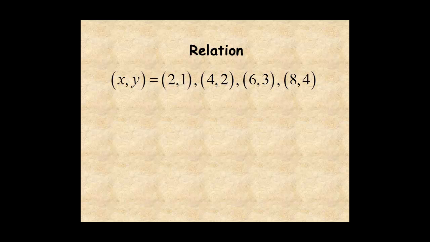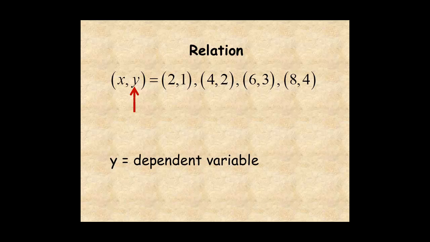They're ordered pairs because the order matters. The first element of the pair is the input x value, called the independent variable. The second element of the pair is the output y value, called the dependent variable.